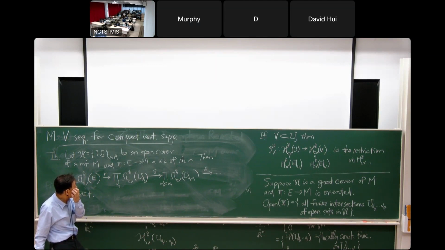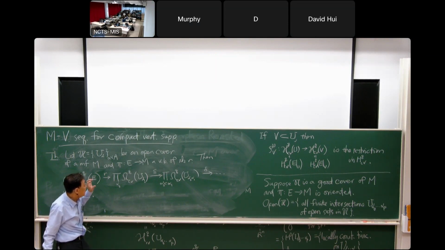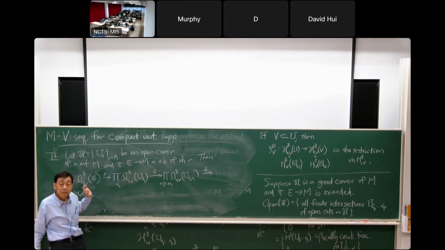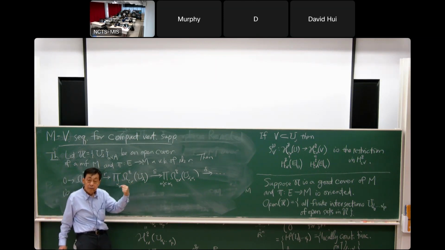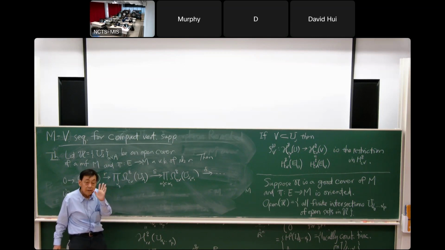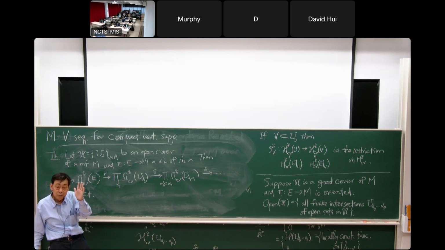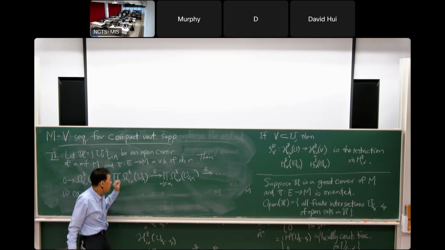It goes in the same way as the Mayer-Vietoris sequence for just forms on an open set. When you have compact support, it will go the other way. But here, the compact support is only in the vertical direction. So the sequence goes in the same way as the Mayer-Vietoris sequence with general support.